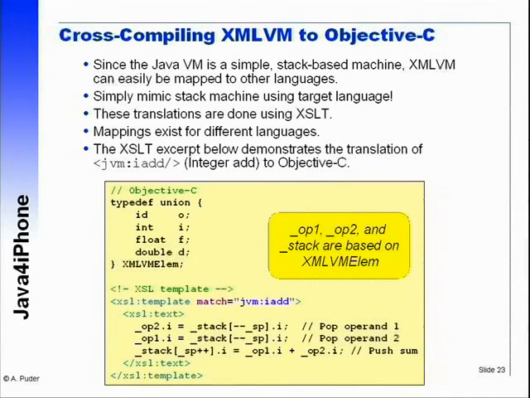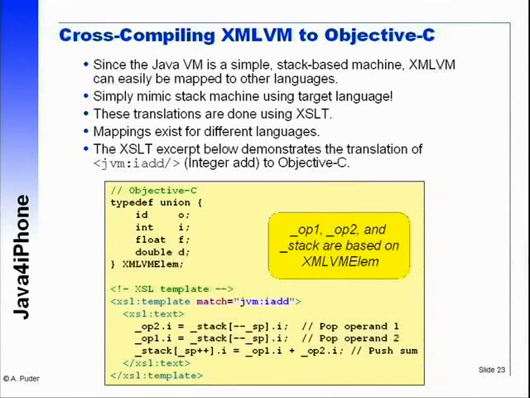I have a variable called _sp for stack pointer. I'm using a pre-decrement to mimic a pop. I use a post-increment to mimic a push. So what these 3 lines of Objective-C code are doing is exactly what would happen in the Java virtual machine. It pops off 2 integers and pushes the sum back onto the stack.